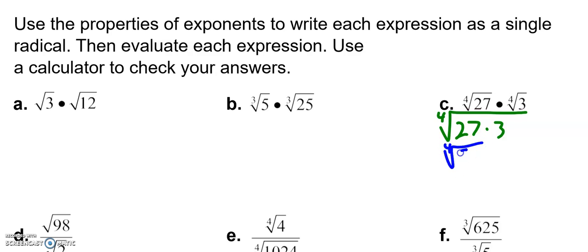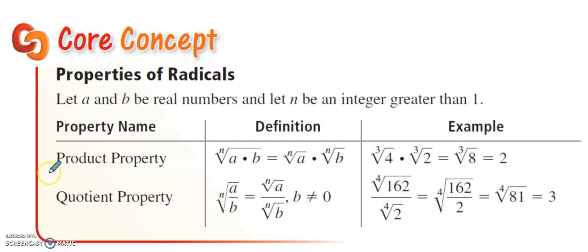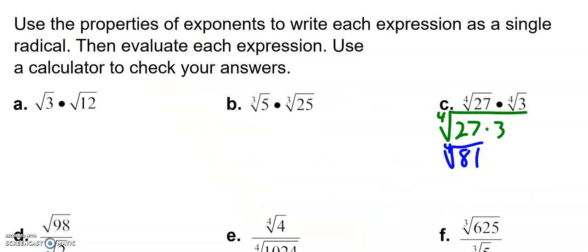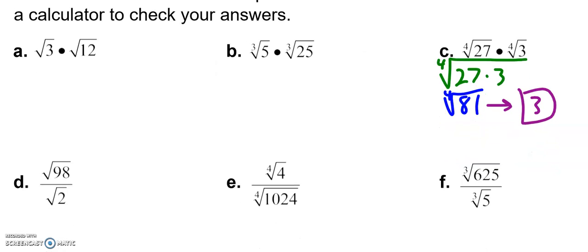So this becomes the 4th root of 81. And we just saw from the example here that the 4th root of 81 is 3. If I didn't know that, I could try and type that into my calculator or break down that 4th root. So this becomes 3.